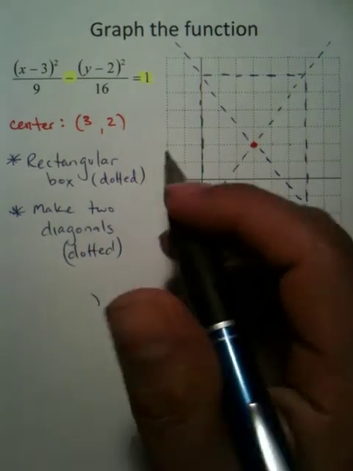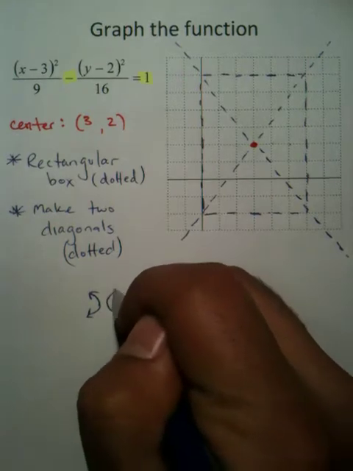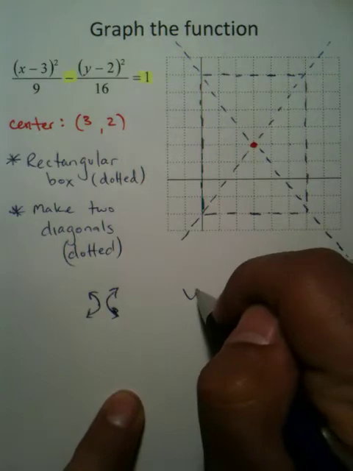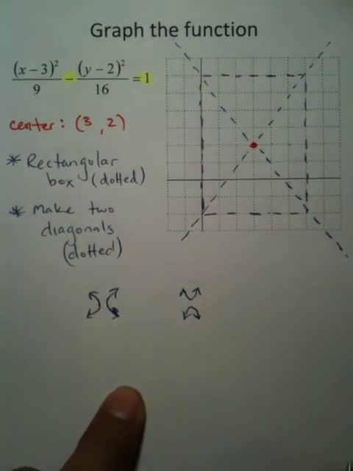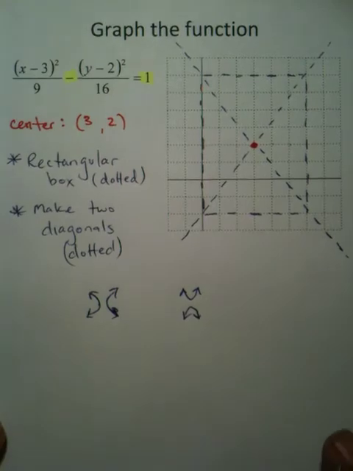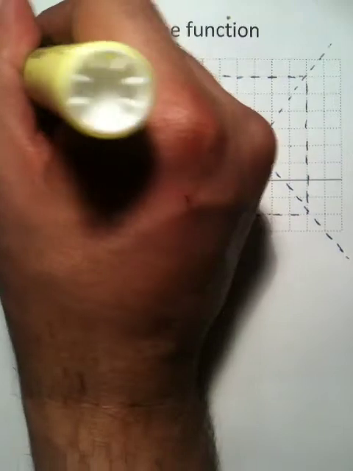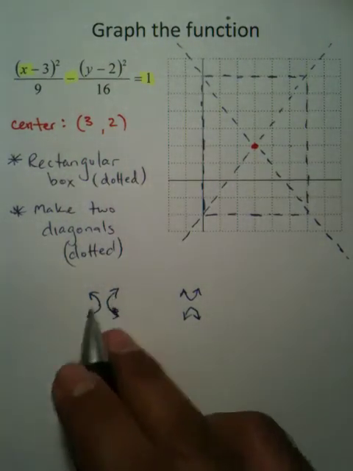One type of hyperbola looks like this. Okay? The other type of hyperbola looks like this. Now, which one are you using? It all depends on what value you're starting with. I'm starting with an x value, so I'm going to be using this one.